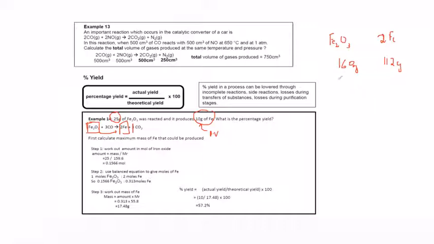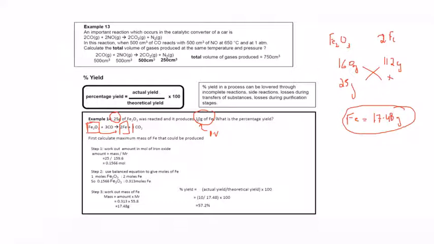But if we have 25 grams of iron oxide, how much iron should be there? X, cross multiply. So when you cross multiply, how much iron should you get? You should get 17.48 grams of iron. So theory, according to the equation, suggests you should get 17.48 grams of iron.